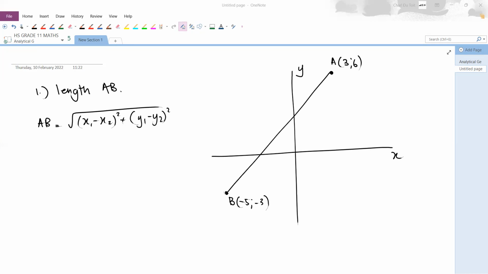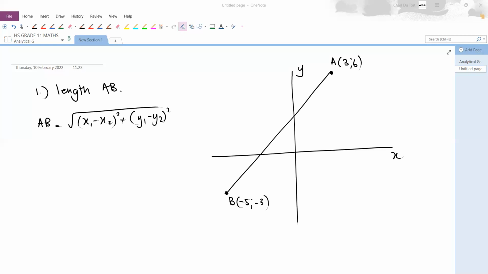I'm supposed to have the formulas here. I'll have to find a formula sheet for that. So this is the formula for that. The answer I have is root 145. And you always leave it in root form unless they ask you different.